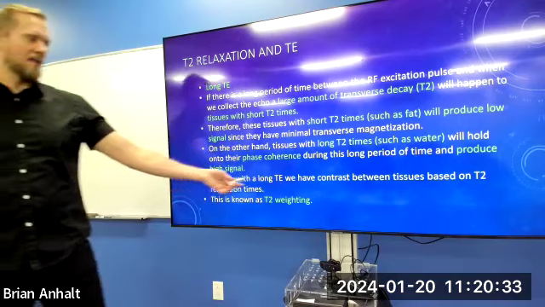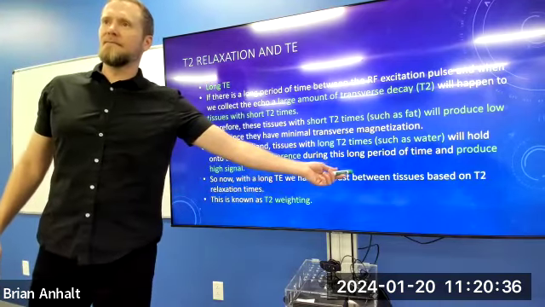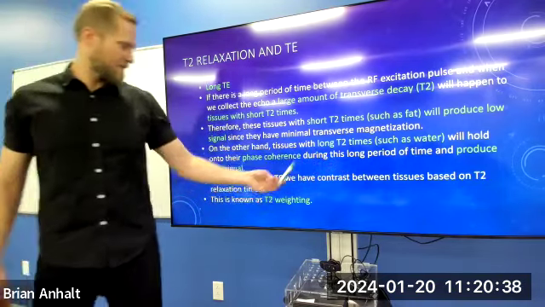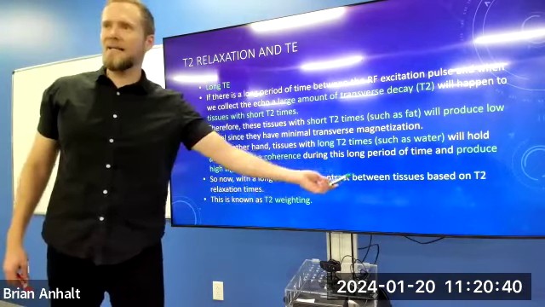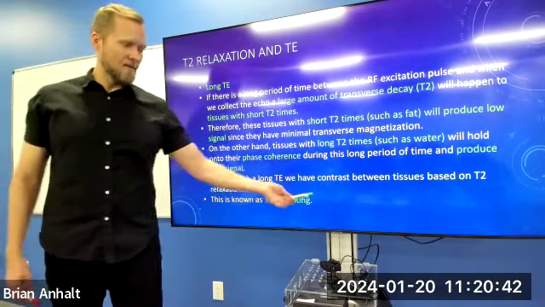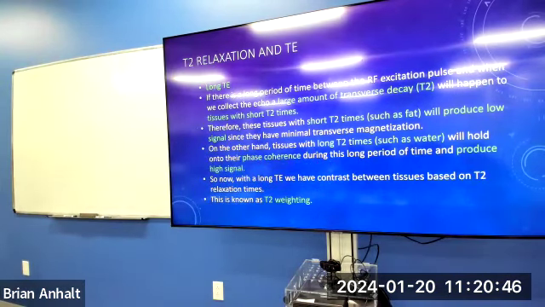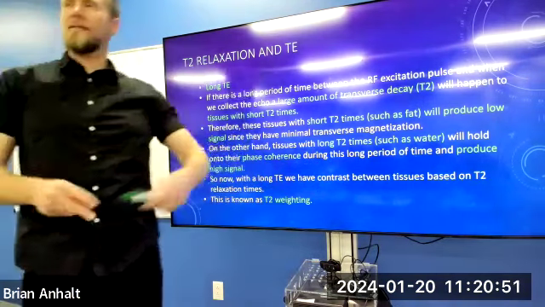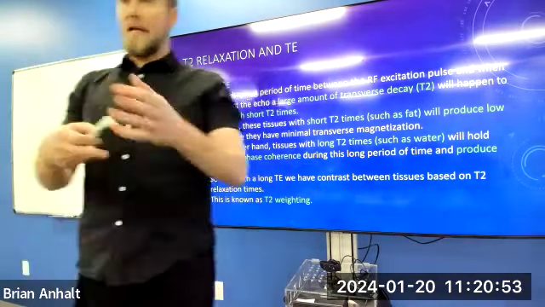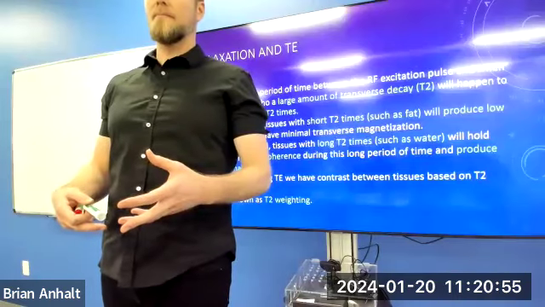So with a long TE, we get contrast based off of T2 decay times, and this is known as T2 weighting. So how do I get T2 contrast? Long TE, right? We wait a long period of time between excitation and the center of the echo.